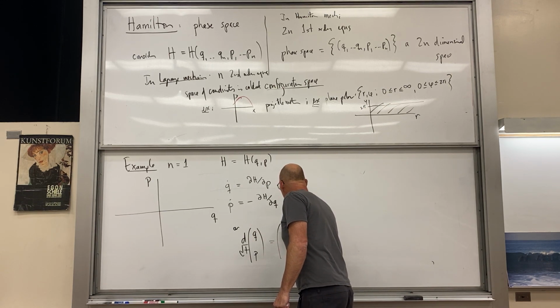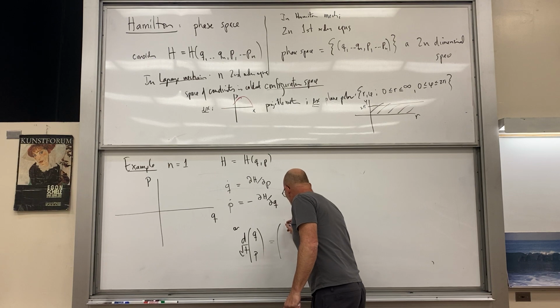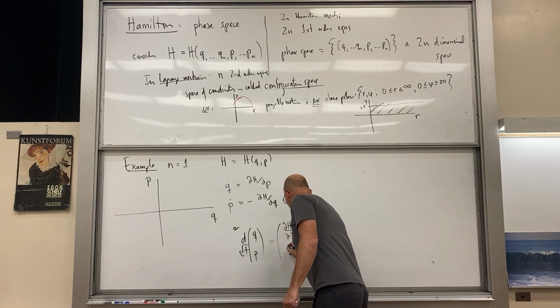So I'm going to write this explicitly: it's partial H of Q and P with respect to P, that's my Q dot, and it's partial H of Q and P with respect to Q. This one gets the minus sign.